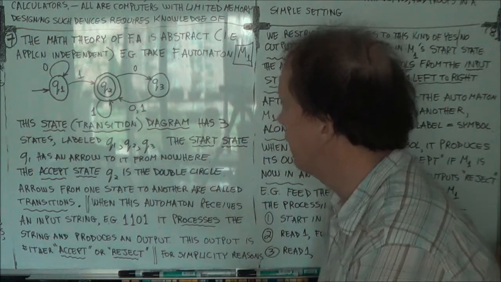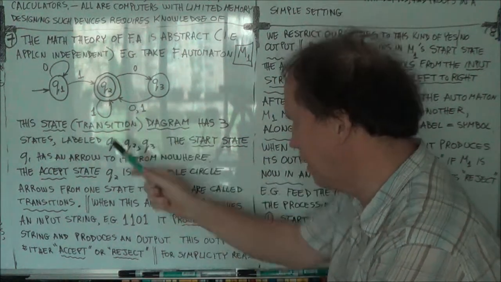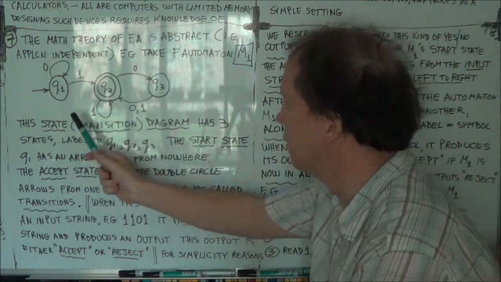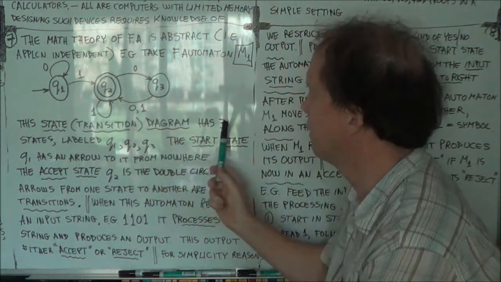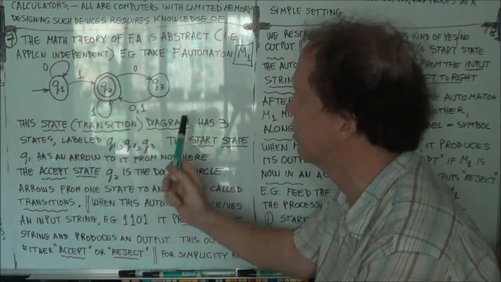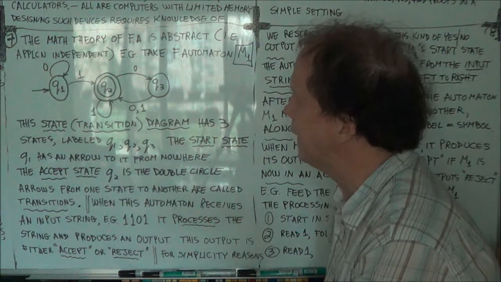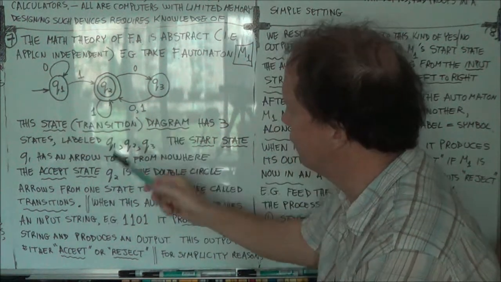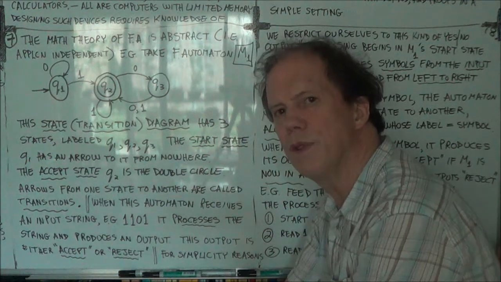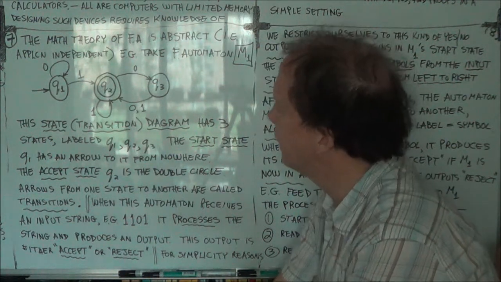Okay. So have a look at this and read a bit here. What have we got? Obviously, just by visual inspection, we've got 3 states, labeled Q1, Q2, Q3. Now you've seen this sort of thing before. Now this is new: a node with 2 circles. What does that mean?